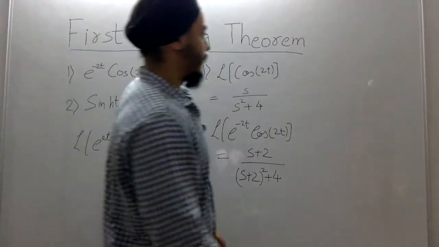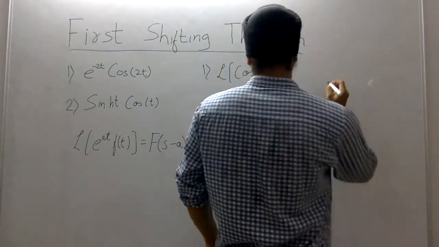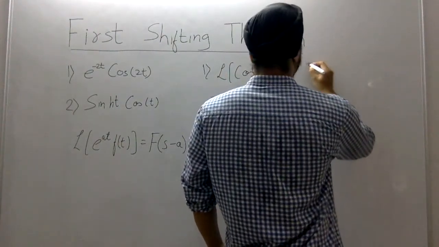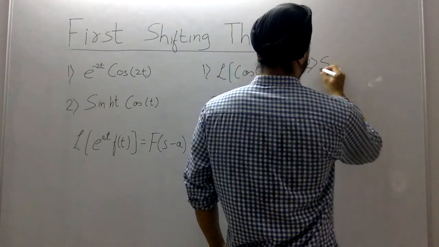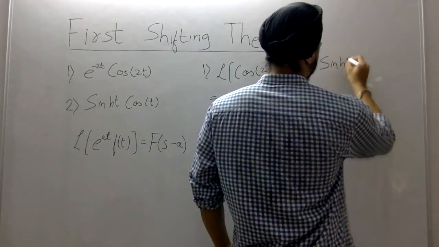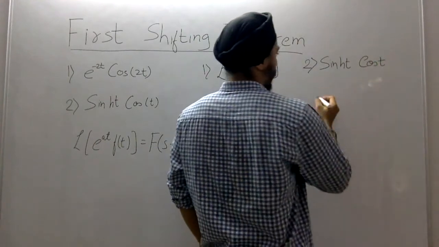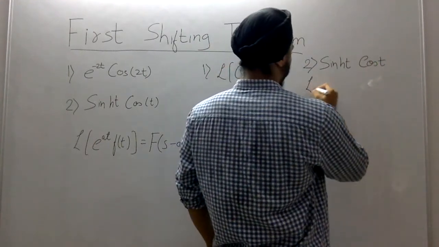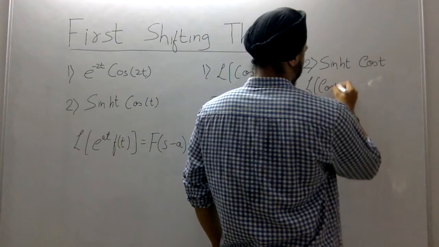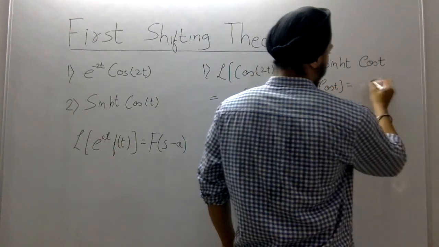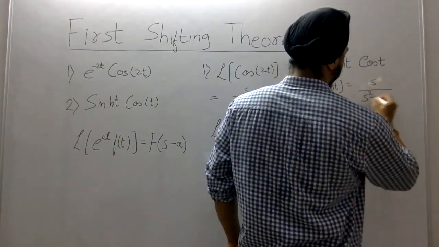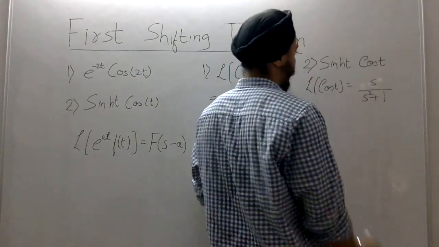Now let us take our second function, which is sin hyperbolic t cos t. So Laplace of cos t is s over s square plus 1.